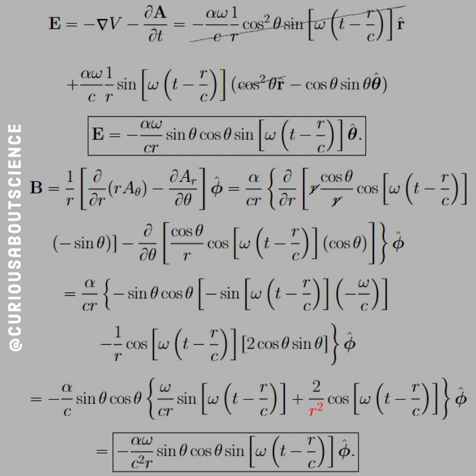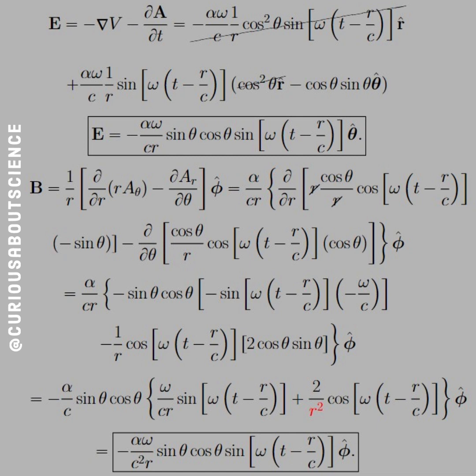So then putting these results together on the next page, we see that E is equal to the negative gradient minus the time derivative of A, and we get some cancellations of the r components. We like that. So we're left with E at the radiation field only. E is equal to negative alpha omega over c r, sine theta cosine theta sine omega t naught in the theta hat direction. Coolio.